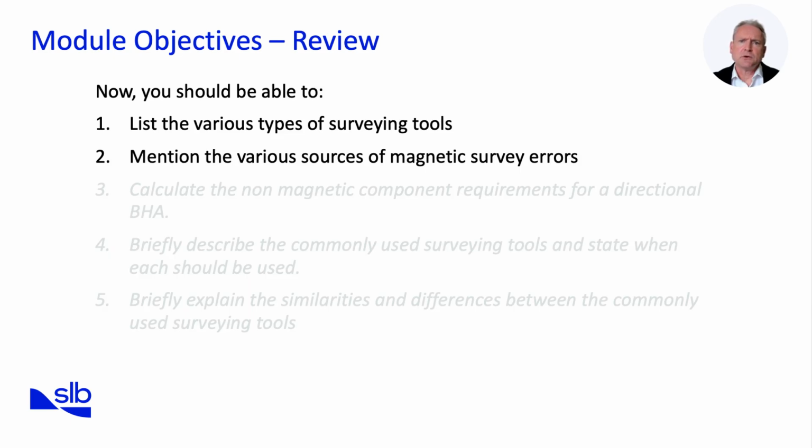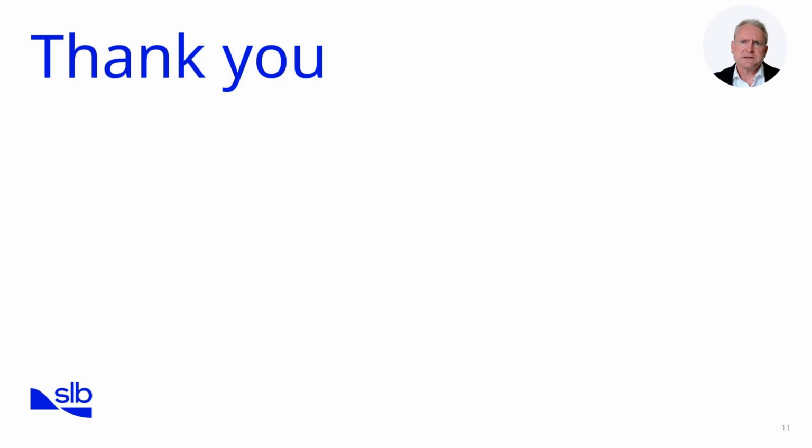In the next sub-module, we will explore how to calculate non-magnetic component requirements for a directional BHA, ensuring survey tools are shielded from magnetic distortion by sufficient non-magnetic drill collars. Finally, we describe the commonly used survey tools, explain when each is most appropriate, and outline their similarities and differences. This completes this sub-module. Please move on to the quiz. Thank you.